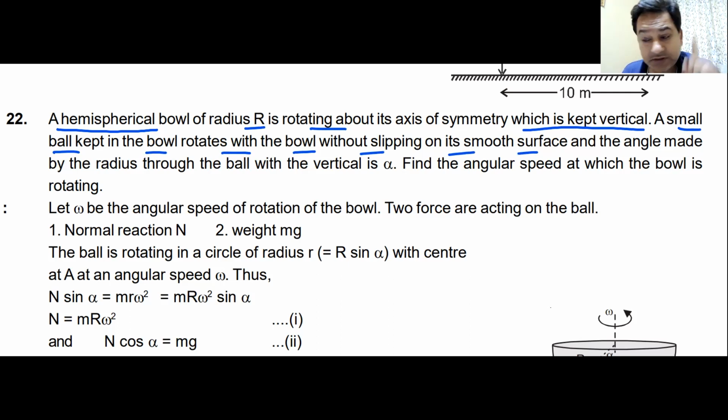Remember, the surface is smooth, but the ball is not slipping. The angle made by the radius through the ball with the vertical is alpha. Find the angular speed at which the ball is rotating.